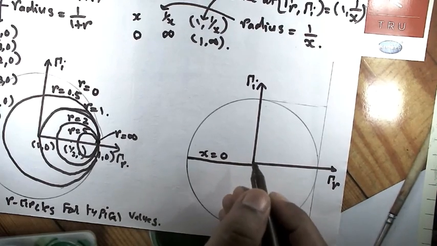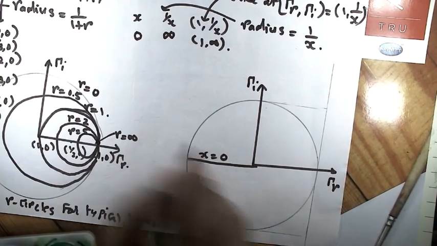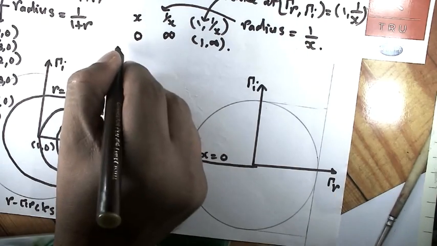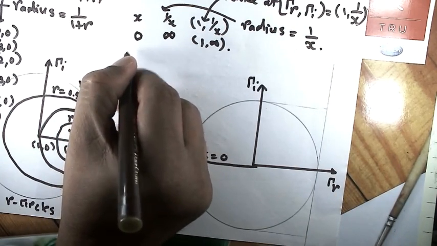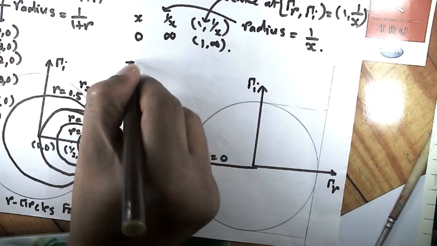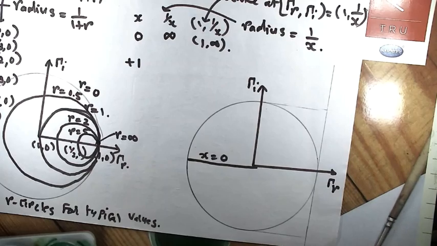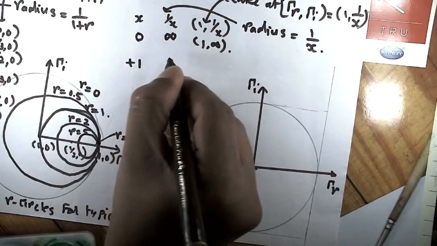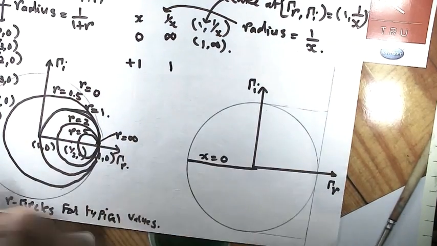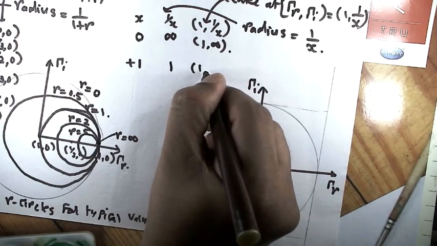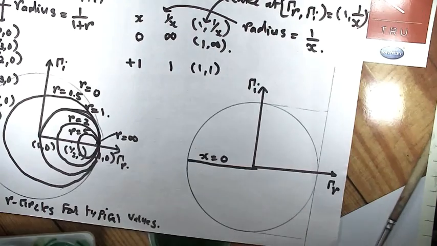So whenever we try to put the normalized reactance typical value, let us start with the one typical value, which is nothing but x equal to plus 1. For this plus 1, the radius will once again be 1, and the point at which the center lies is at (1, 1).